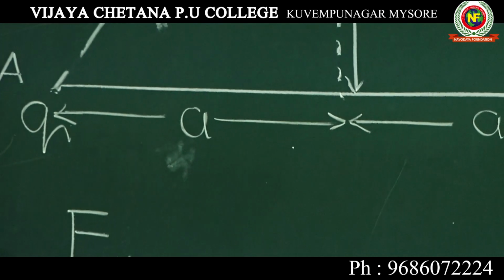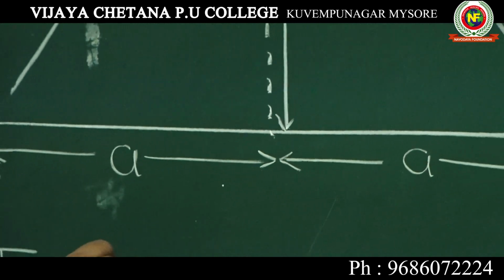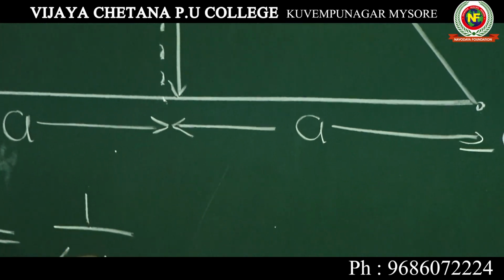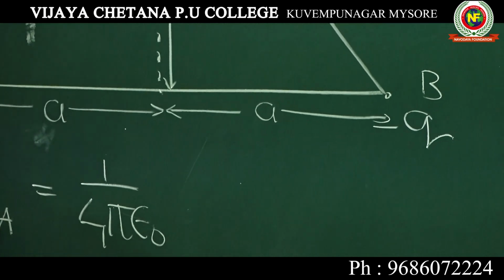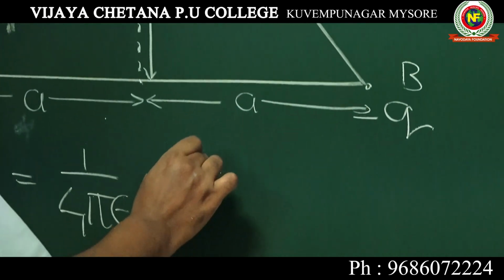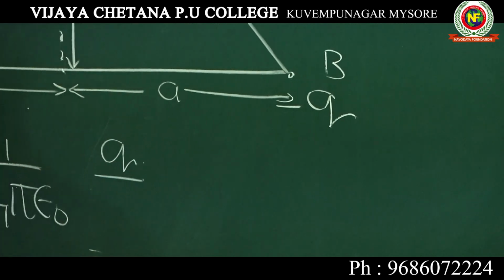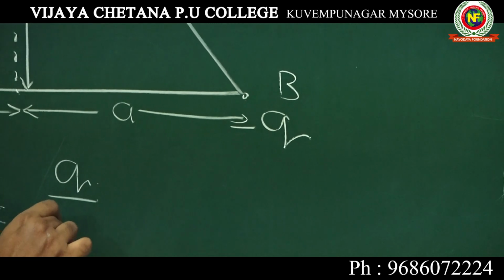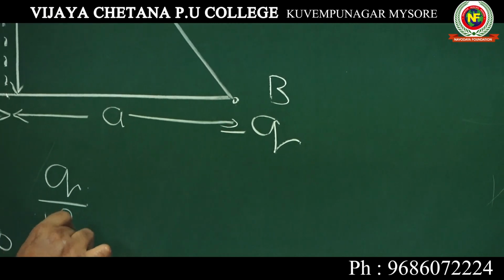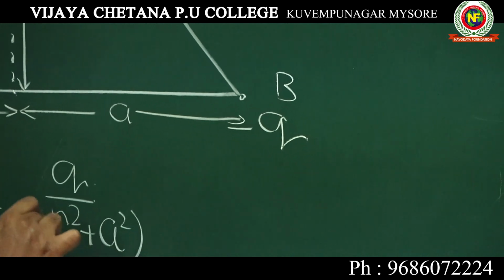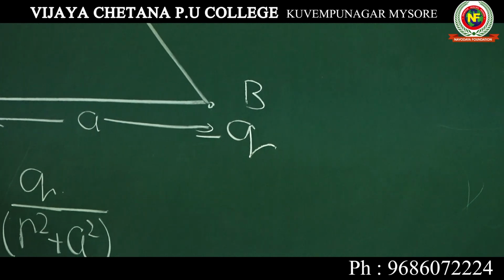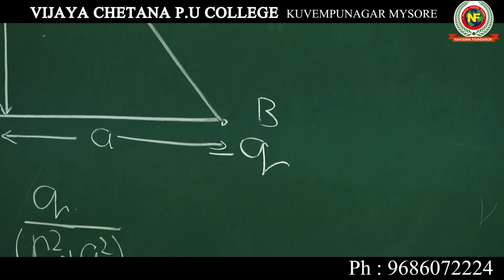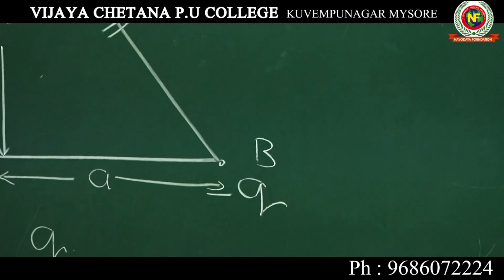Magnitude of intensity due to the charge at A is 1 by 4 pi epsilon naught, charge at the point A divided by distance square. Distance square becomes just r square plus a square, because the square root, when squared, just becomes r square plus a square.